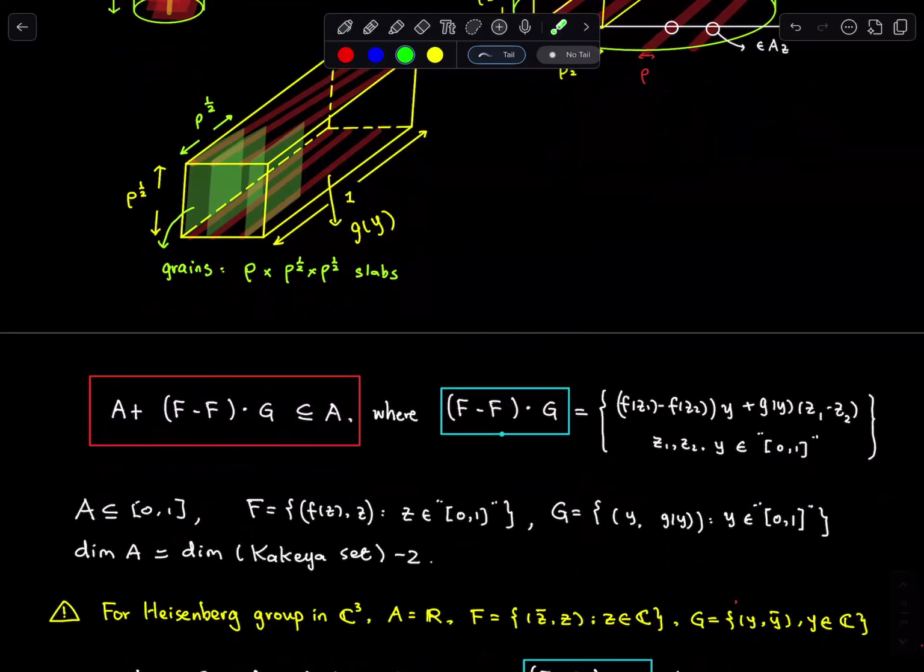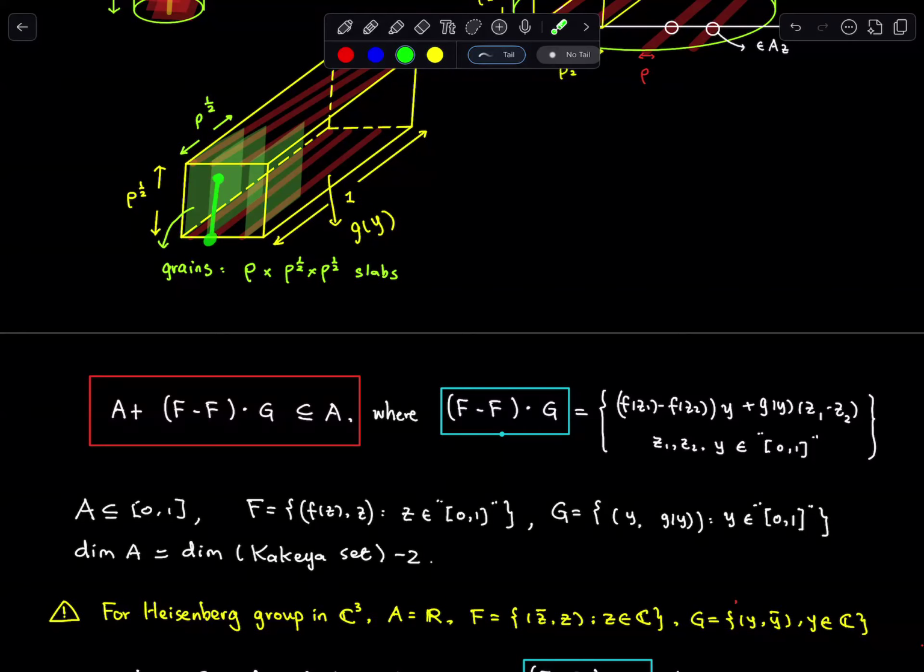We first start with some location here, let's say some point A, and then we go to a certain height, let's say z1.